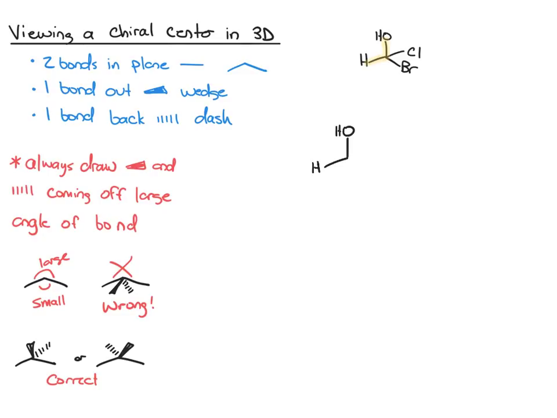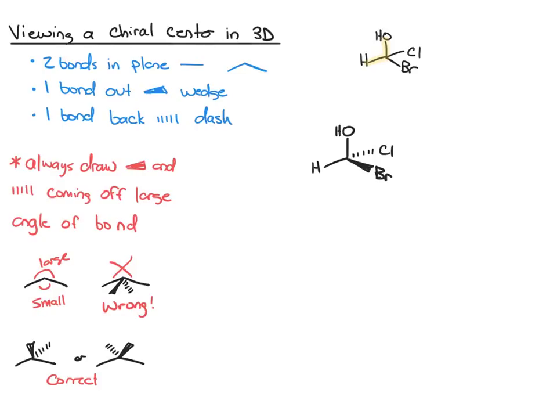So we'll draw that. And then I need a dash and a wedge group. So maybe I'll put the bromine on the wedge and the chlorine on the dash. Notice, even though I've drawn this kind of rotated around a bit, the dash and the wedge groups are still coming off the large angle of this bond.